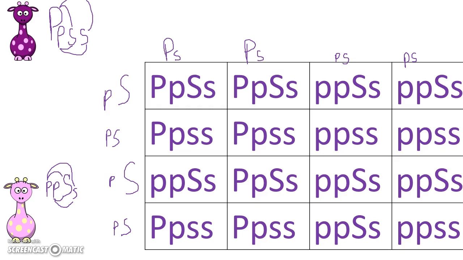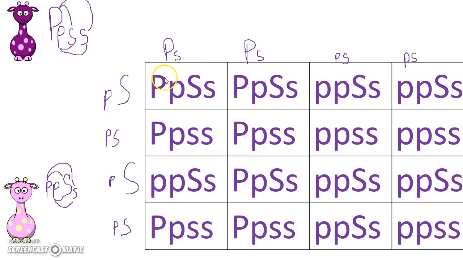Okay, so while you were filling that in, I went ahead and typed it in so that you wouldn't have to look at my horrible handwriting on this mouse. Okay, so if I look at this individual right here, this little baby giraffe, this baby giraffe has a big P, so it would be purple like its dad, and it has a big S, so it would have yellow spots like mom.